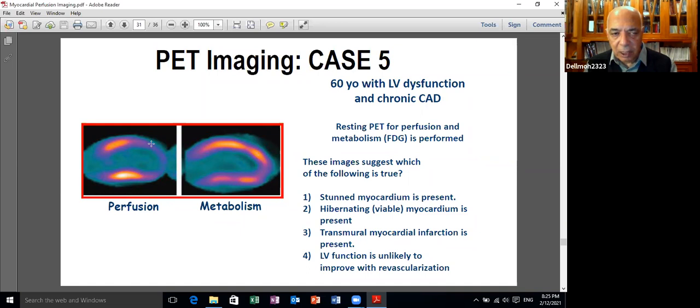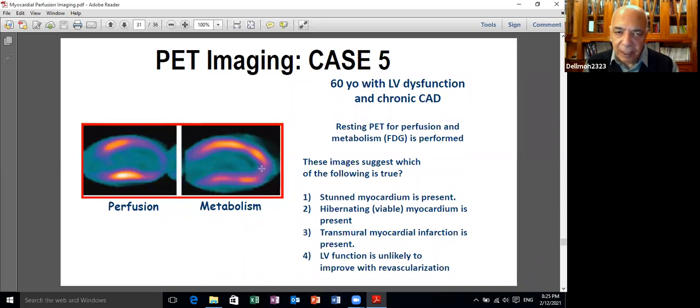It reaches it in a small amount through the collaterals, if any at all. But at the same time, because the cell membrane is intact, it can get glucose inside and the metabolism is intact.